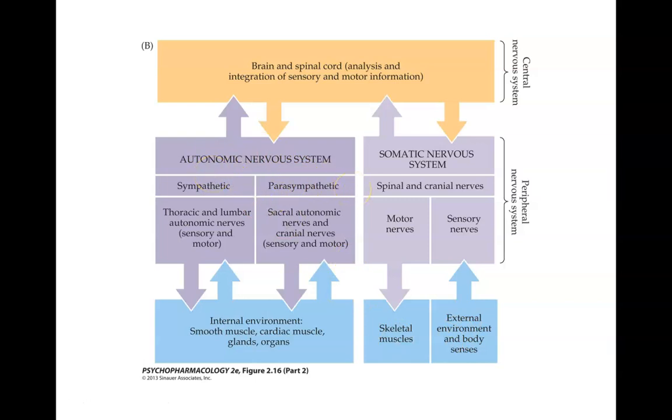Now, one thing that I'll show you in a few slides is that the sympathetic nervous system and the parasympathetic nervous system are completely kept in separate sections of spinal cord. The sympathetic nervous system is basically made up of nerves that branch out from the thoracic and the lumbar spine, and then the parasympathetic system is made up of the cranial nerves that branch out from the back of the brain and the sacral section of spinal cord.